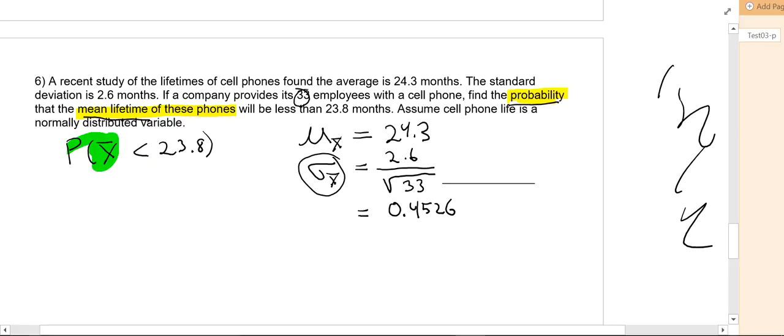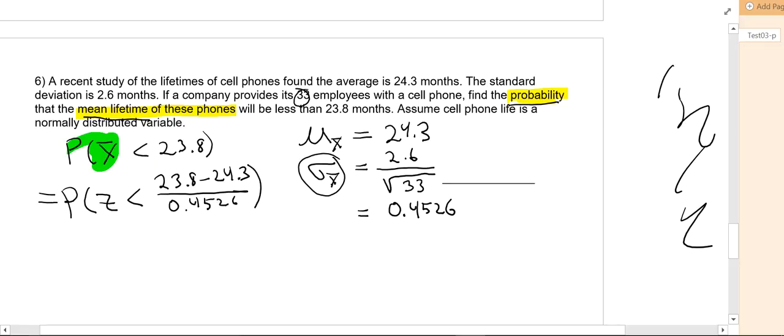Now I have this information, I just simply get to the table. So I'm going to convert this to standard normal by subtracting the mean and dividing by the standard deviation. When I do my calculations, that number comes out to be a negative 1.1.